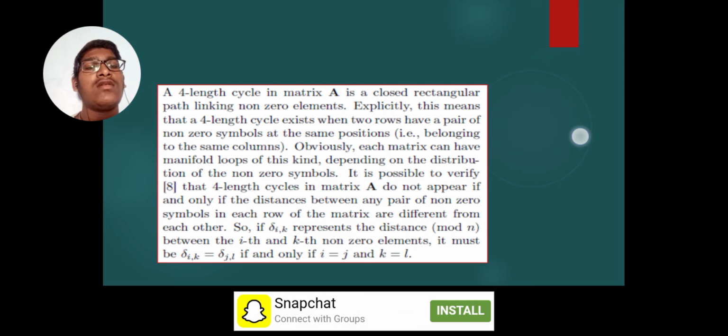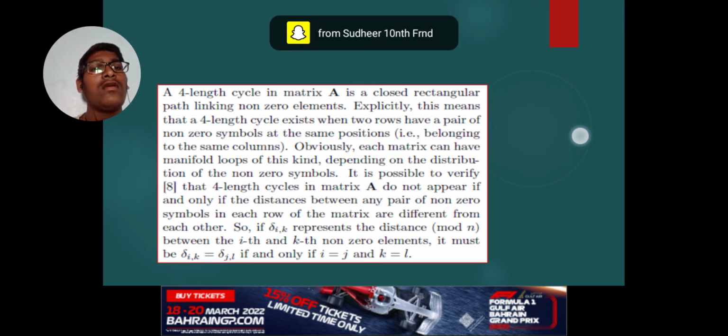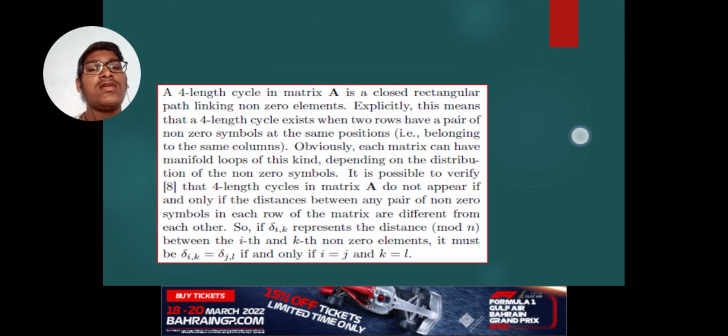So if sigma i,k represents the distance mod n between the ith and kth non-zero elements, it must be that sigma i,k equals sigma j,l if and only if i equals j and k equals l.